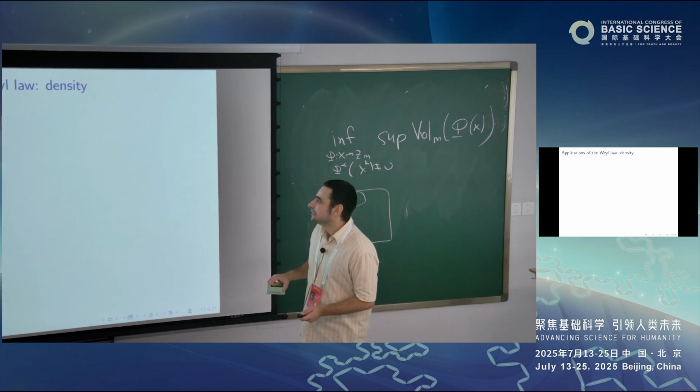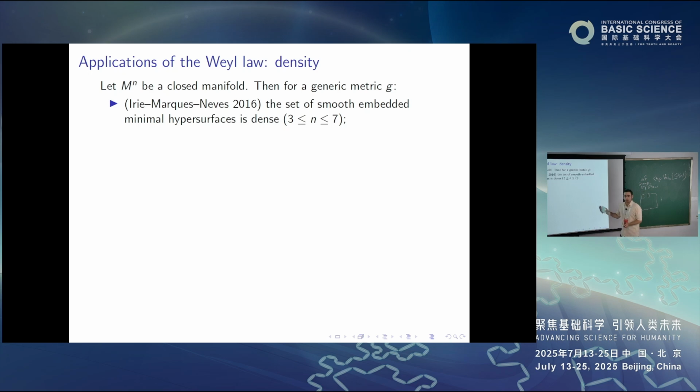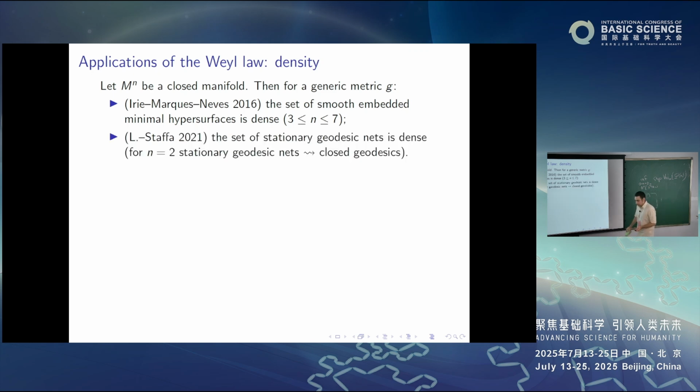Okay, so let me talk a little bit about applications. We mentioned this conjecture of Yau about the existence of infinitely many minimal hypersurfaces. It turns out that a careful understanding of the asymptotics of this width gives you this conjecture in the generic case. In fact, it gives you more.